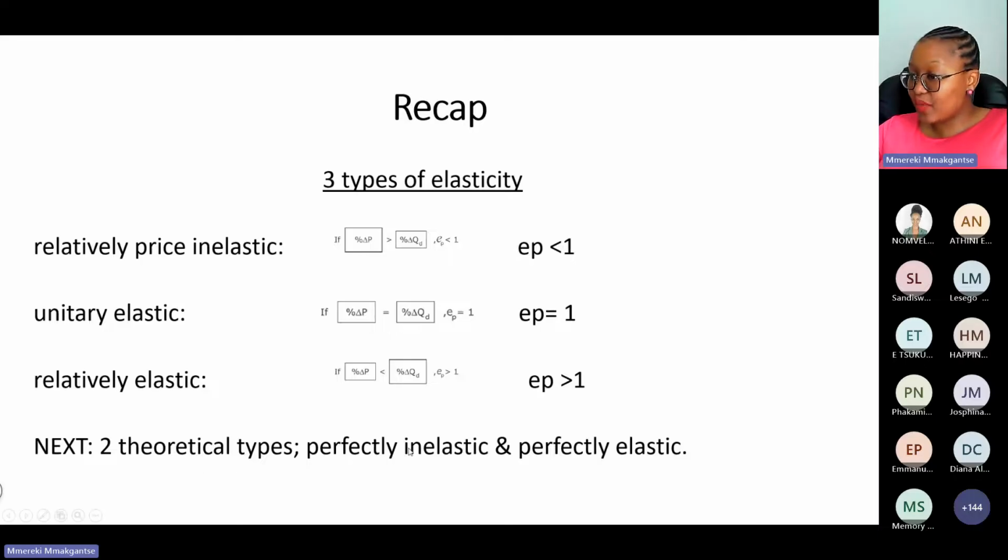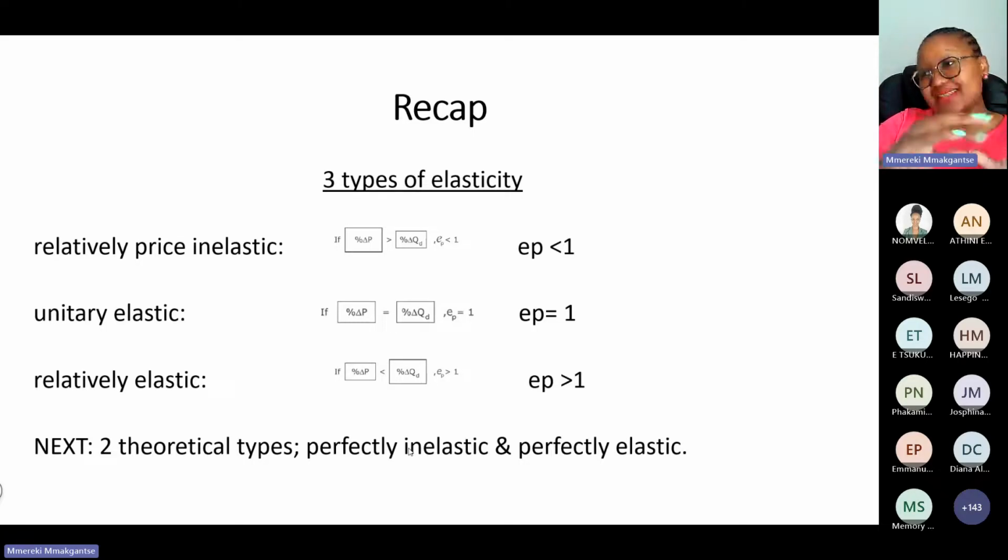Now next, we look at perfectly inelastic and perfectly elastic. Guys, please drill this in your head, because sometimes the wording might confuse you. Remember, relatively price inelastic, that's one. Our UP.